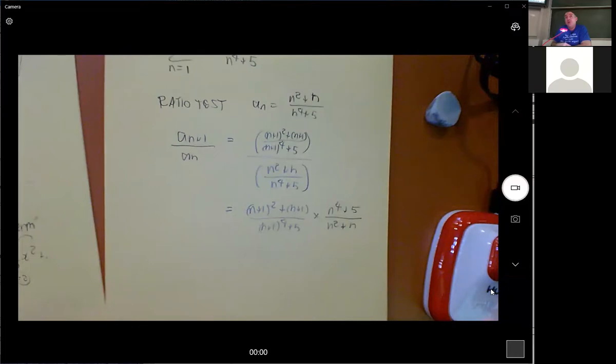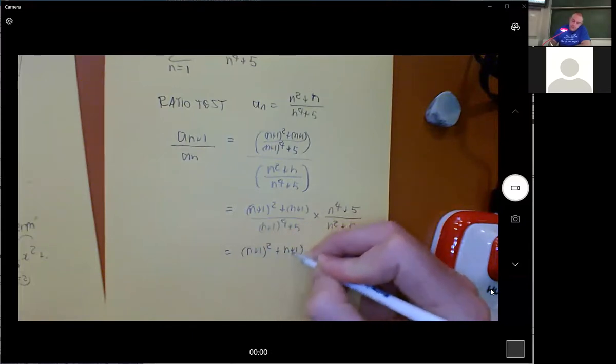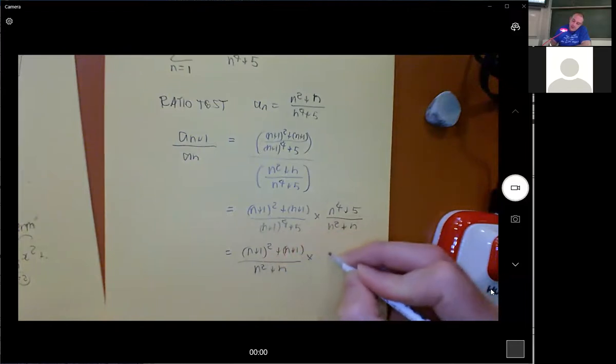And I'm going to do something that's really important and is a very useful trick when you're doing the ratio test: move the fractions around a bit so that the things that are most similar are on top of each other.